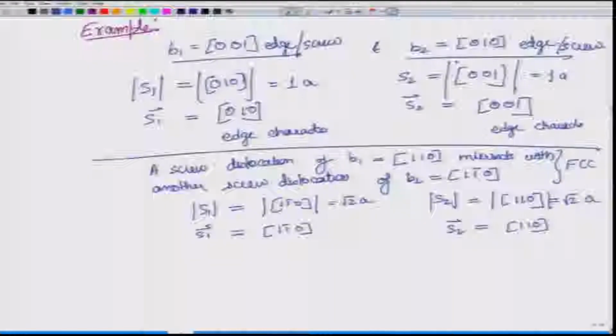Now, in this particular case I had given that the initial dislocation was a screw dislocation. So, here the initial line vector is u1 equal to 1 1 0. Here the initial line vector is equal to 1 bar 1 0, and in this we are getting a step which is 1 bar 1 0, and the Burgers vector for this is still the same.